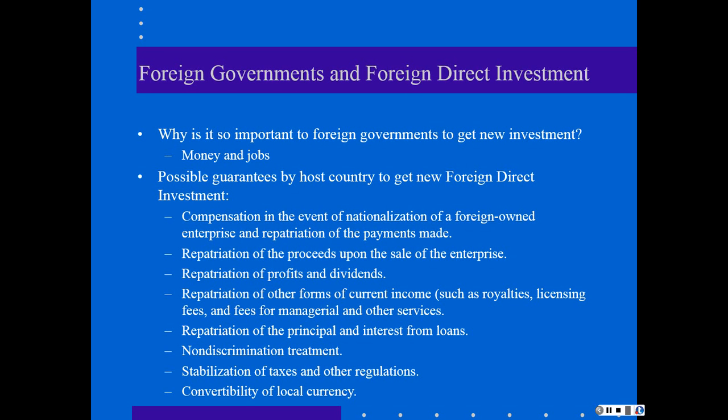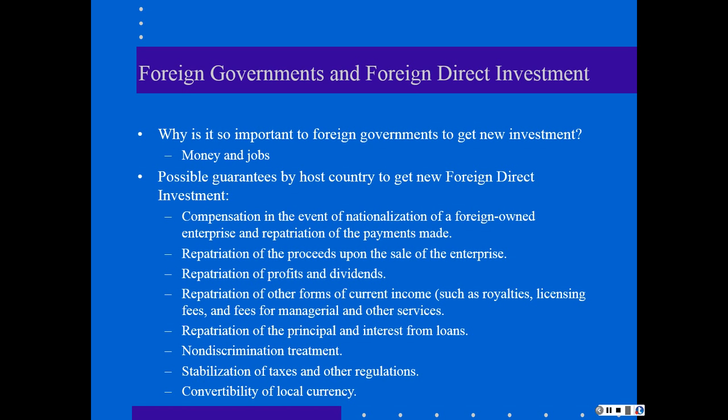Number two, you can have an agreement in which the foreign country agrees to allow repatriation of the proceeds upon the sale of the enterprise, and repatriation of the profits and dividends. These are guarantees that reduce risk.